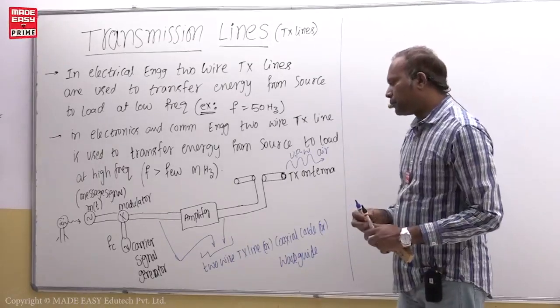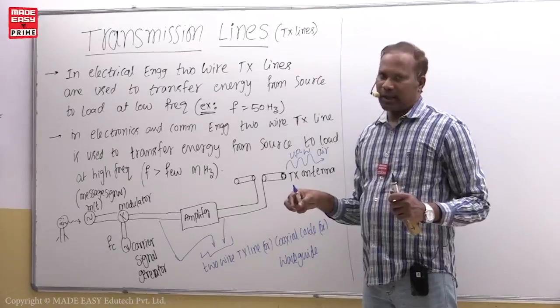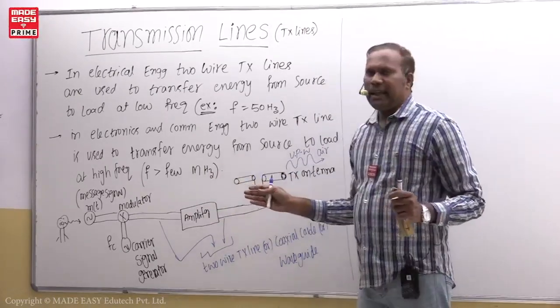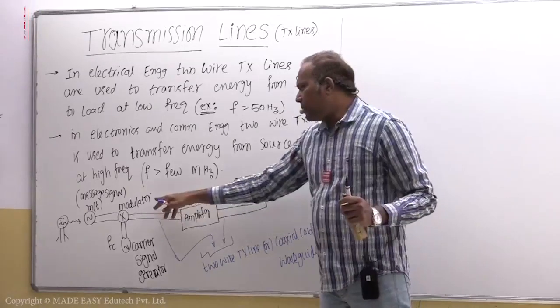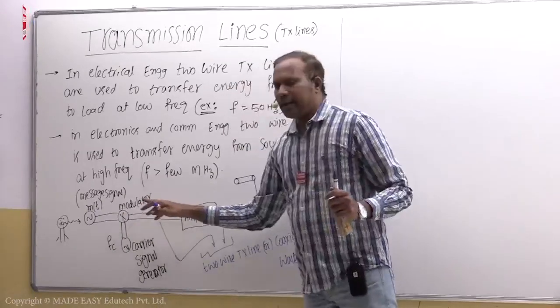Next, what is the input to the two-wire transmission line? The answer is, it has to carry, for example, an FM signal. Then this is called an FM signal generator.